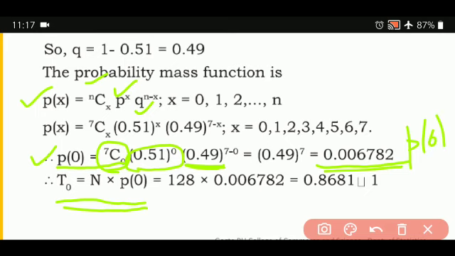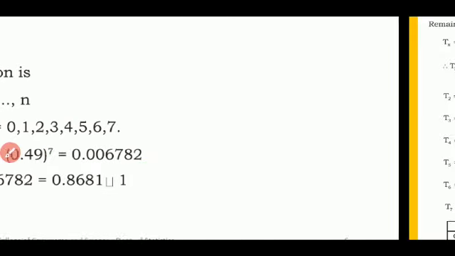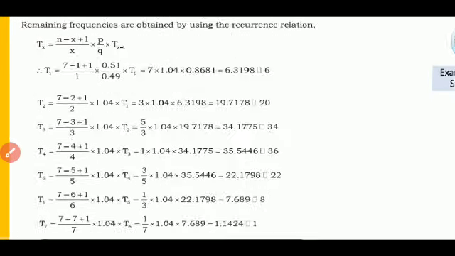Our first step is to find P0, and then you will be finding T0. T0 is the first term, that is the theoretical frequency, capital N into P0. After doing this, you will be applying the recurrence relation. Your N is 128, P0 you have found, approximated, the decimal point is more than 0.5, so this will become 1. We will see the next terms by using the recurrence relation.